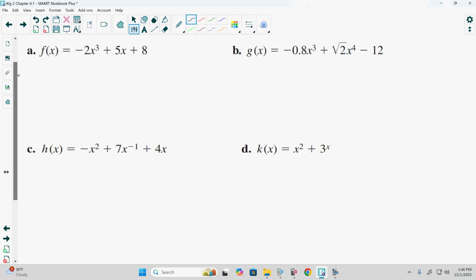So if we look at this here, -2x cubed plus 5x plus 8, do we have any negative exponents attached to variables here? No. Do we have any fractional exponents attached to variables? Nope, so we're good there. Do we have variables in an exponent? Nope. Do we have any variables inside of a radical?